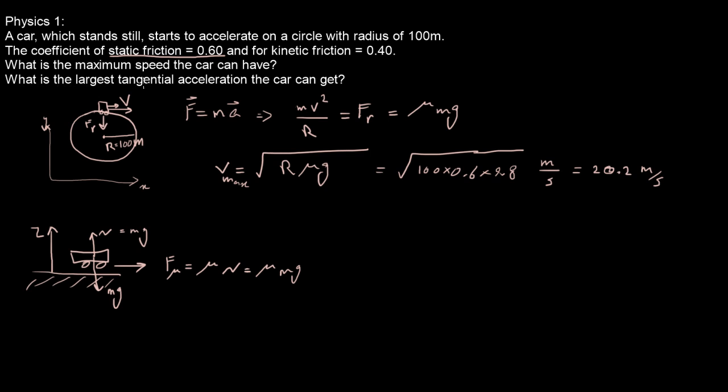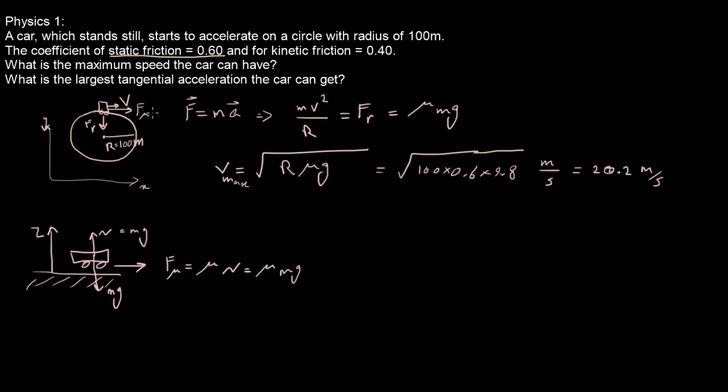Now let's see what is the largest tangential acceleration the car can get. So it's basically tangential acceleration. We know that the car is applying a force to the surface of the ground, and then the ground applies a friction force to the tire, which is again a static friction in this direction. So we have another frictional force in that direction that is pushing the car forward.